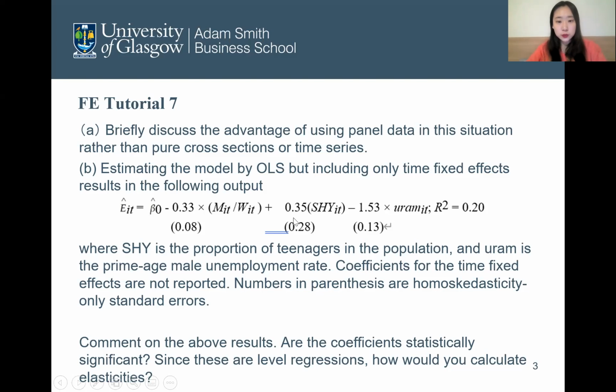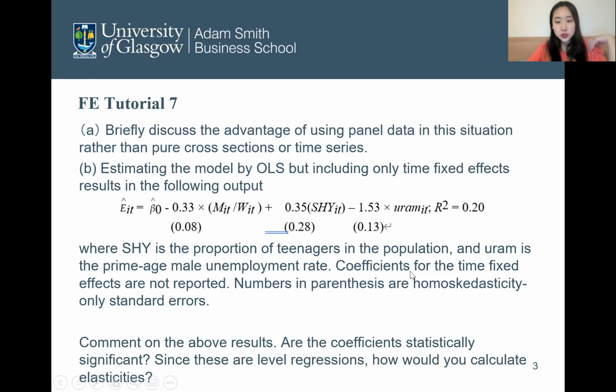So it is also explained: this variable is the proportion of teenagers in the population, and R is the prime age male unemployment rate.